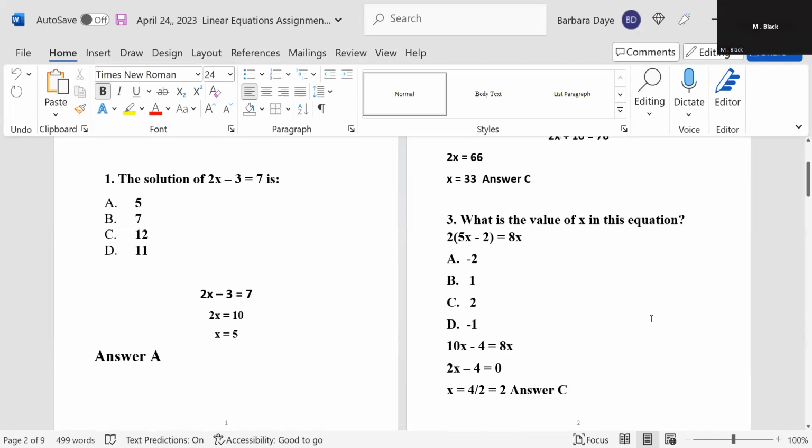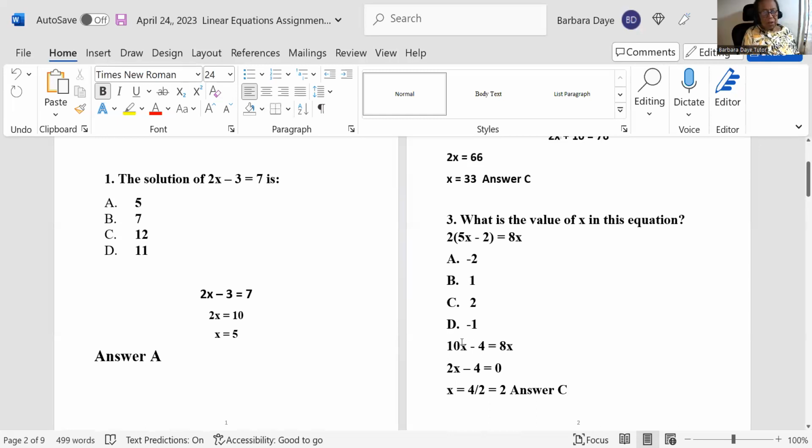After you get the 10x minus 4 equal to 8x, how do you get the 2x? You subtract the 8x from both sides. 10x minus 8x is 2x.